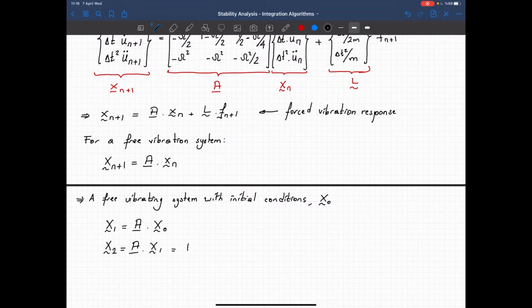So let's continue. For the second time step, I can write the following: A times x1, or I can just say A squared times x0. Now if I continue, the third time step will be A times x2, and this should give me A to the power 3 times x0. So I see a pattern here.